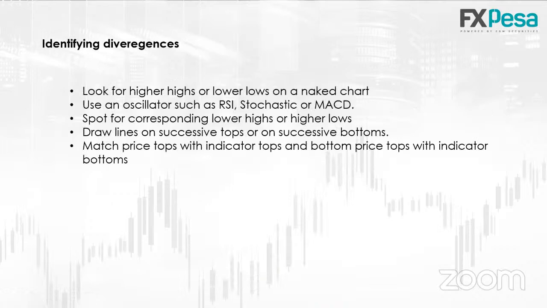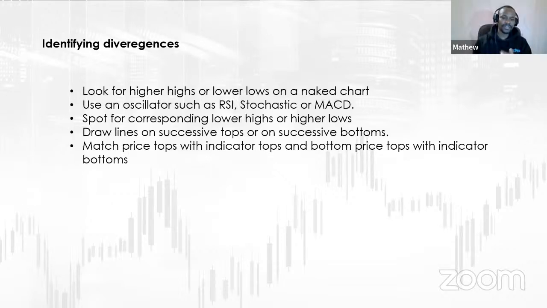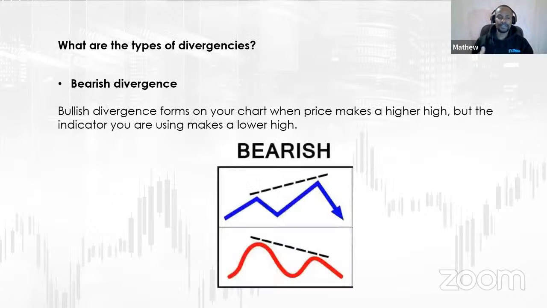I don't know if you can expound on it a little bit more, or maybe just add on. This setup is mostly based on identifying the peaks and the troughs or lows of the market, because that's what is going to give you the impression that this market is making higher highs, but when you look at the oscillator, it's not making higher highs.